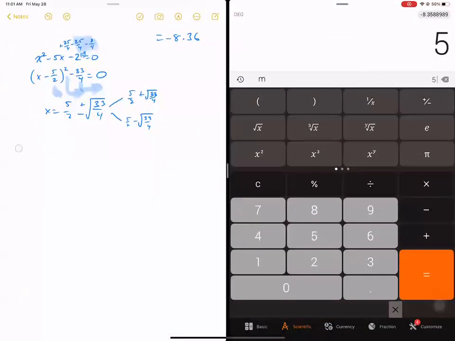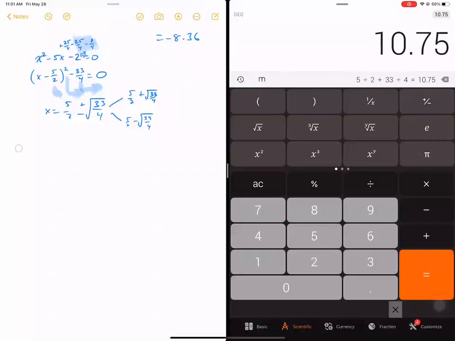I can write 5 divided by 2, right? Then I'm going to hit plus, 2.5, right? 5 over 2 is 2.5. Plus, now I'm going to do 33 divided by 4, and then no, see that messes up because it's going to combine it.